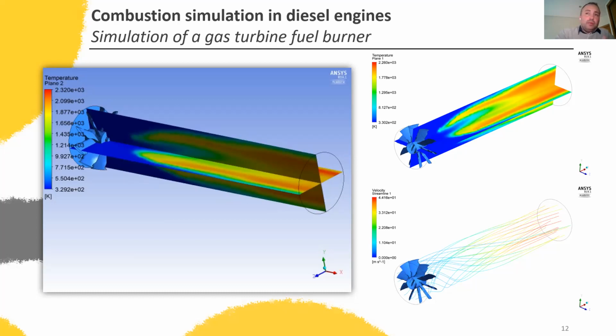For example, the temperature, the pressure, delivered power, everything. This is very interesting for us because what we are trying to do is, for example, mix different kinds of fuels and understand if it is feasible or not in a certain kind of transportation, for example.